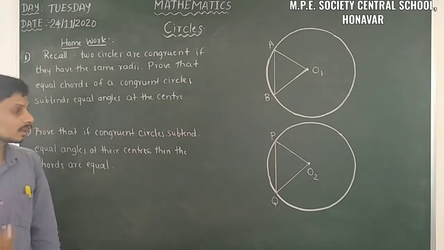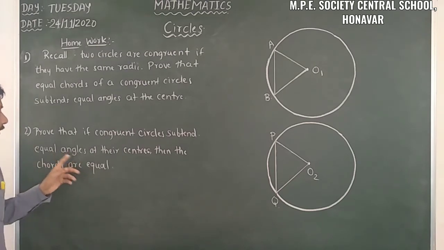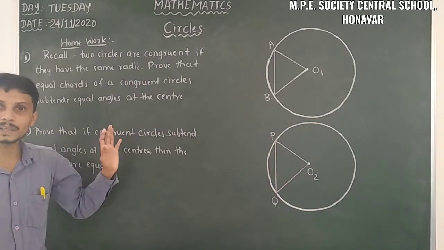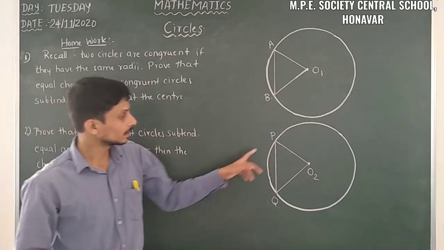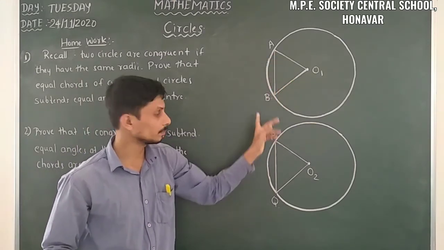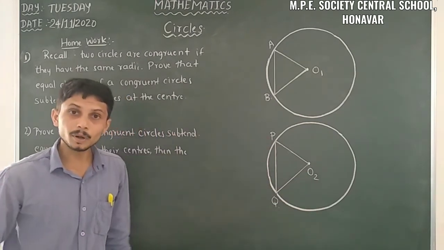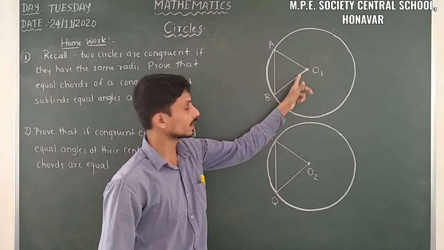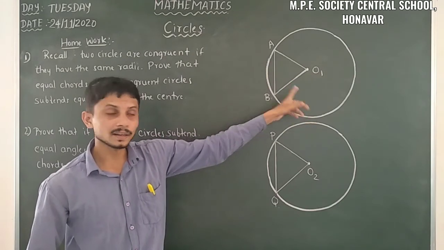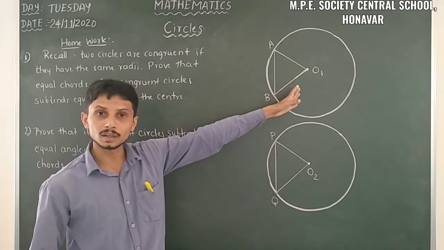Let us move on to the next problem: prove that if chords of congruent circles subtend equal angles at the center, then the chords are equal. It's completely the converse of this. Here all the radii are the same: OA, O1B, and PO2, QO2. It is given that the angle subtended by chord AB at the center and the angle subtended by chord PQ at the center are equal.